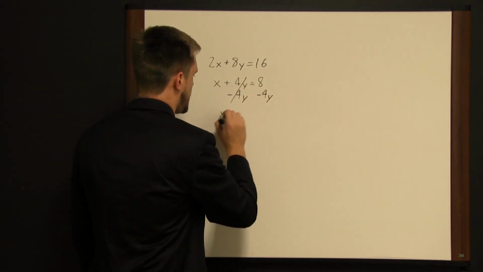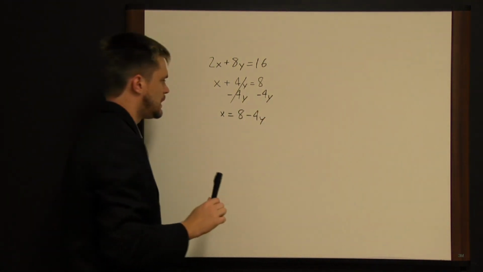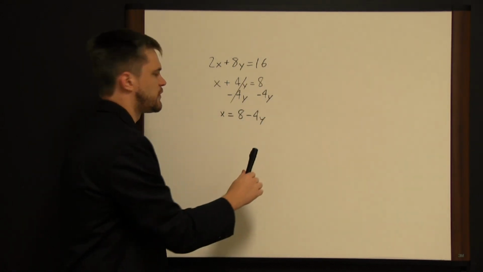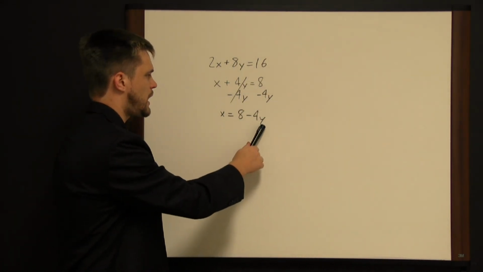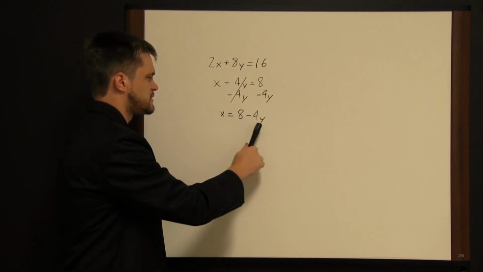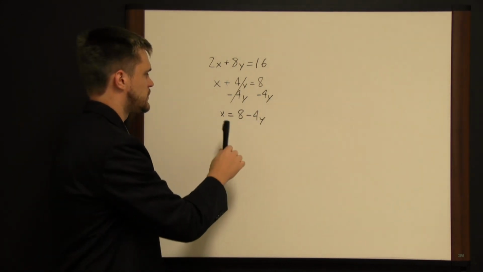And that will leave us with x equals 8 minus 4y. And so you'll notice we've isolated x, but we don't have a numerical value over here. We just have an expression with a y term in it. So we can't determine the value of x without knowing the value of y. And so that's kind of the situation we're in.